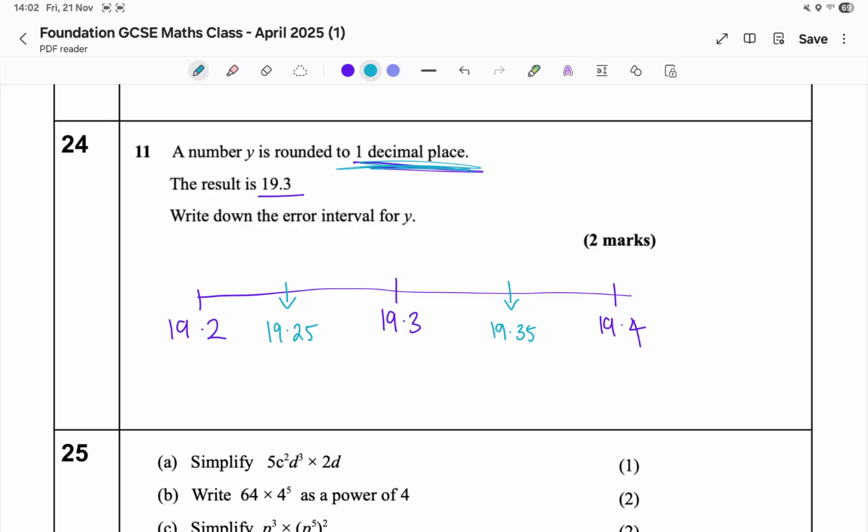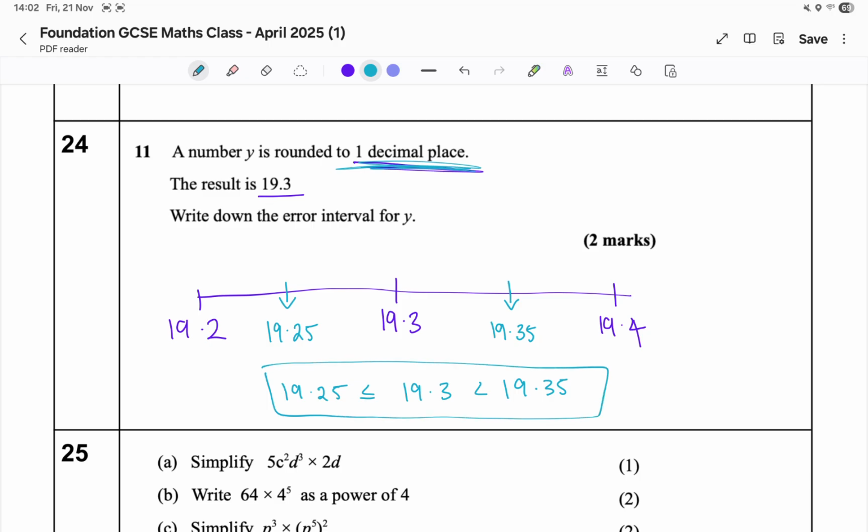And how you write it is 19.25 is less than or equal to y, which is less than 19.35. What that's basically saying is y is bigger than or equal to 19.25, and y is also less than 19.35. If it was 19.35, we'd round it up to 19.4, but it's not, it's less than that. So there's my error interval.